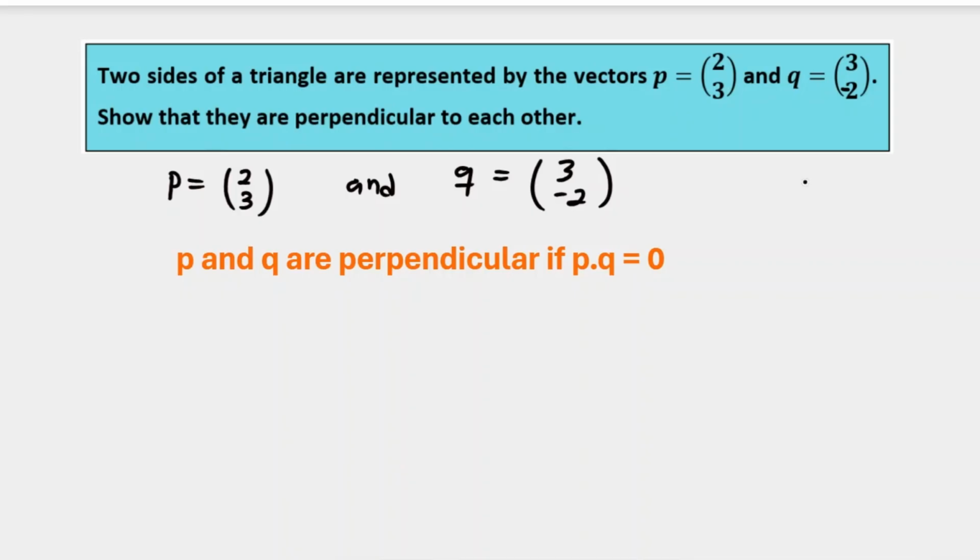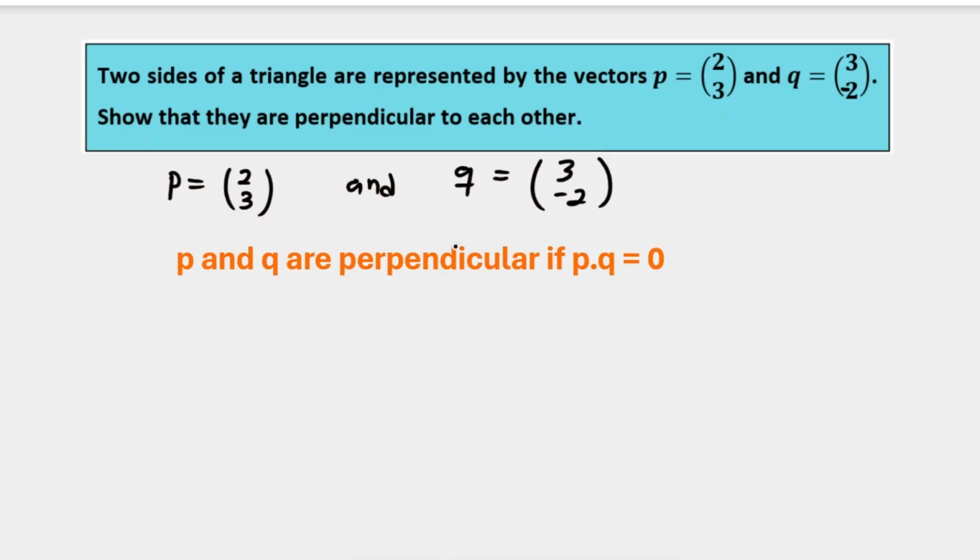Good. So we want to know whether this triangle is a right angle triangle. Because the moment these two sides are perpendicular to each other, then it means that triangle is a right angle triangle. This is the condition that you're supposed to know. P and Q are perpendicular if the dot product of P and Q is equal to 0. So after finding the dot product of P and Q, if we get 0, then it means that the vectors P and Q are perpendicular to each other.